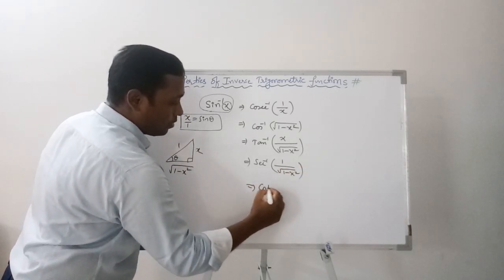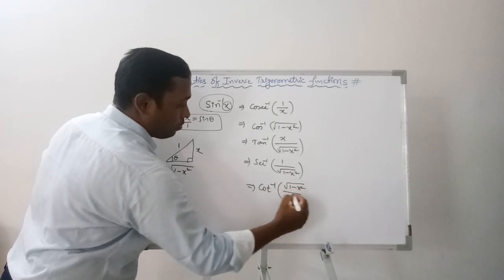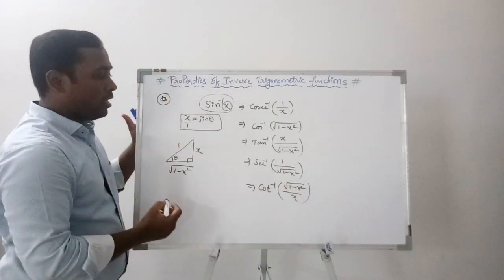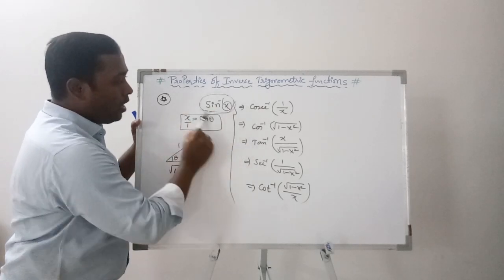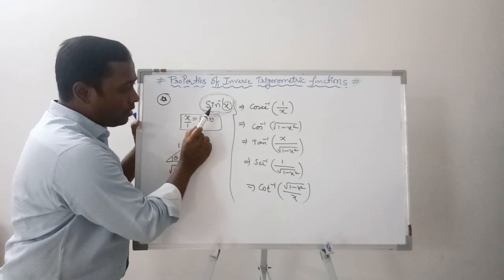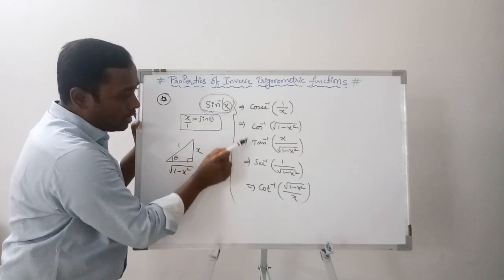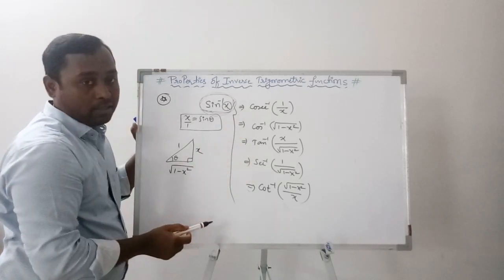It is also written as cot inverse of under root 1 minus x square by x. It means that if you have one inverse t ratio, you may convert it into the other 5 t ratios as per the requirement.